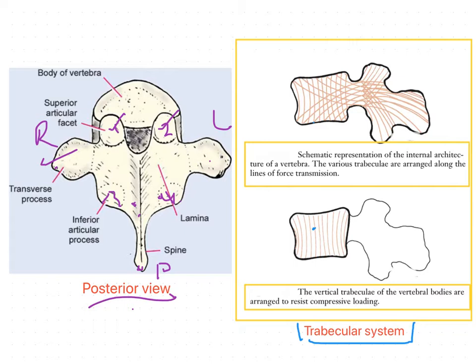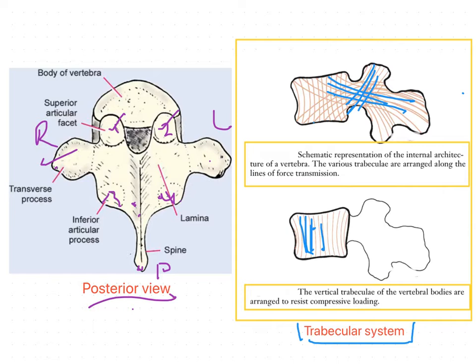How many types of trabeculae are present in the vertebrae? Some are vertical, some are oblique, and some are transverse trabeculae.